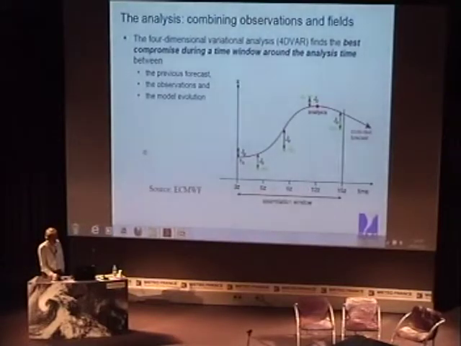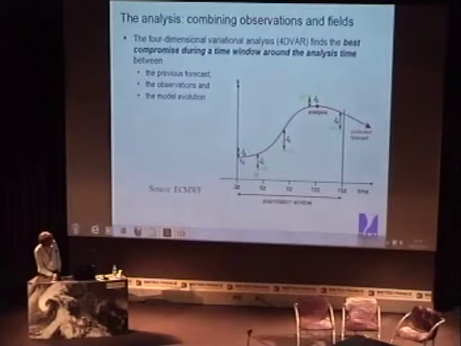What you do is try and find the best compromise. If you look at this schematic here, you have the observations in green. You have an assimilation window about a main analysis time. Here, the cycle is 12Z, 12 UTC.